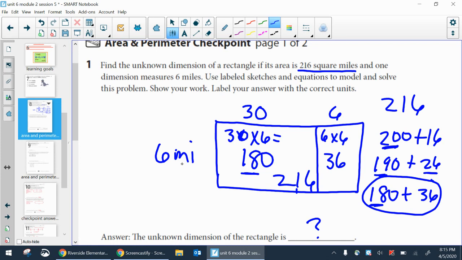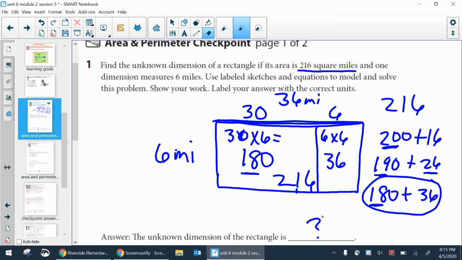So this dimension here is 6 miles. Now this dimension here is 30 plus 6 for 36 miles. So my unknown dimension is 36 miles.